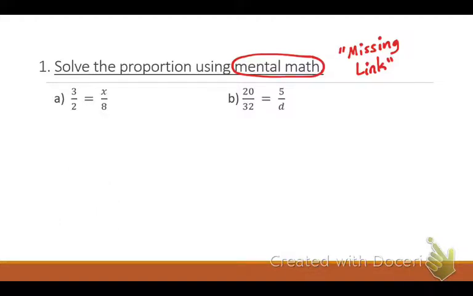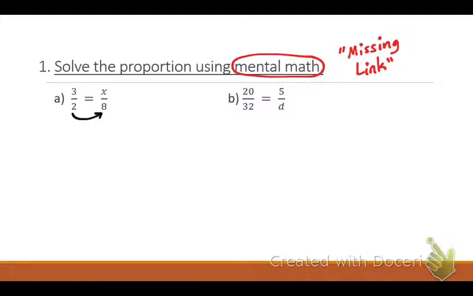Here's what you have to do. Do we know both the numerator and the denominator in the first fraction or in the second fraction? The first one. Do we know both the numerators or both of the denominators? We know both the denominators. So take a little arrow and go like this. In between getting from a 2 to an 8, there's a missing link.